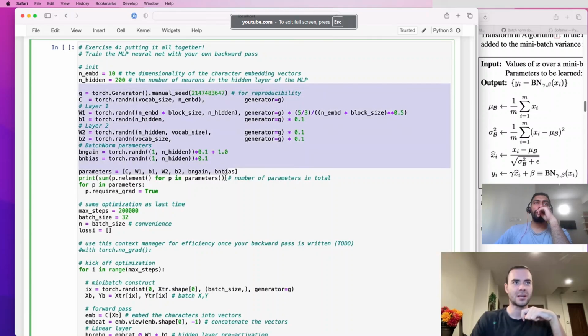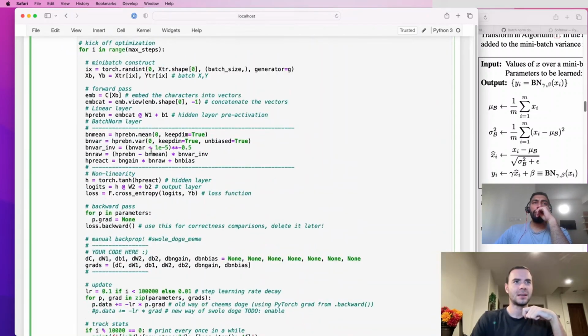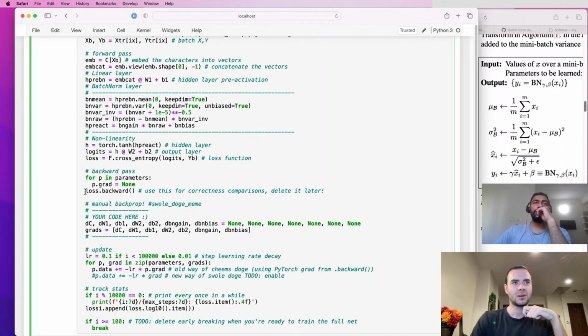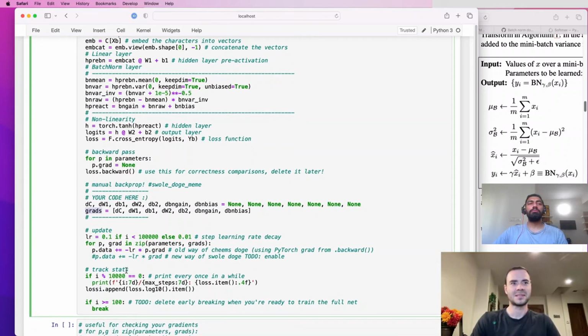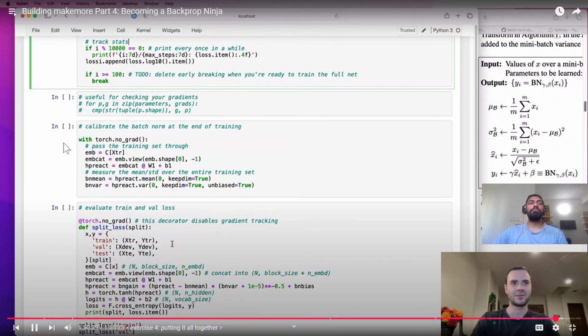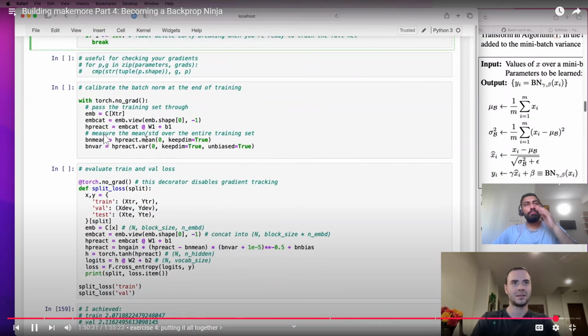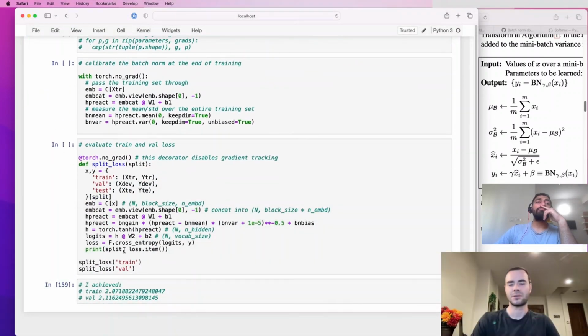So you see that we reinitialize the neural net from scratch and everything. And then here, instead of calling loss.backward, we want to have the manual backpropagation here as we derived it above. So go up, copy paste all the chunks of code that we've already derived, put them here and derive your own gradients, and then optimize this neural net, basically using your own gradients all the way to the calibration of the BatchNorm and the evaluation of the loss.